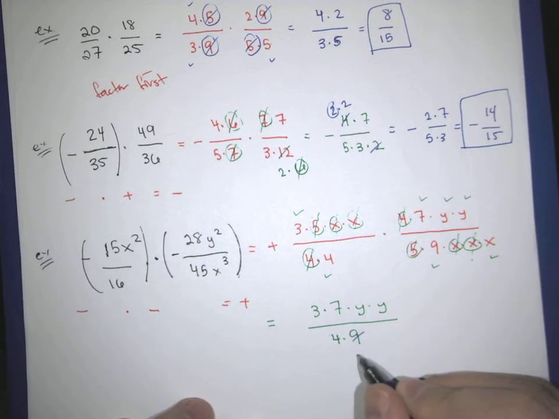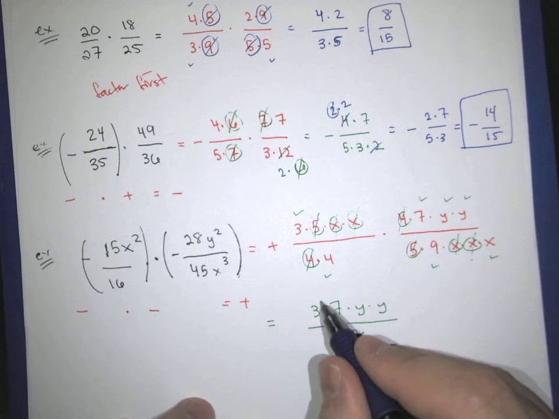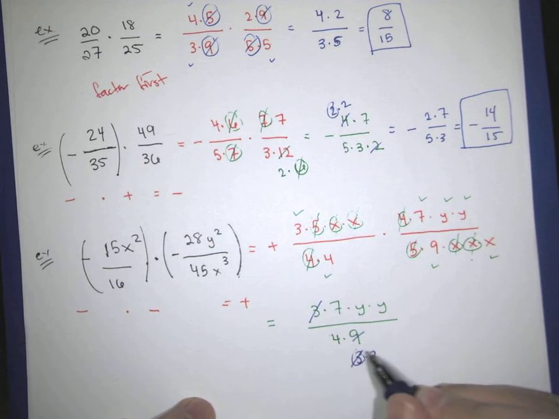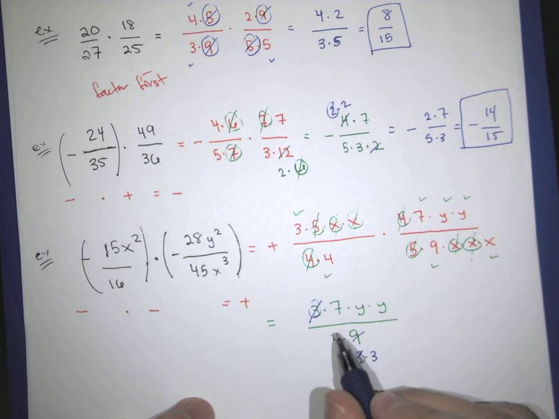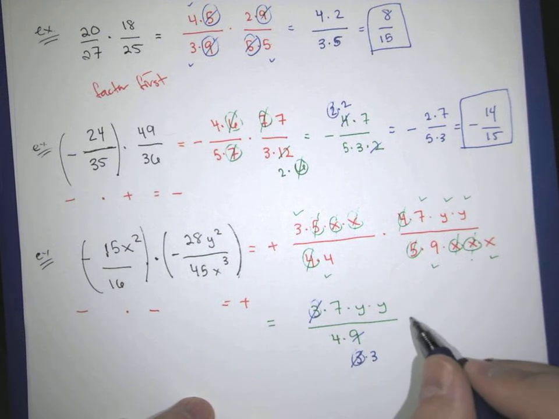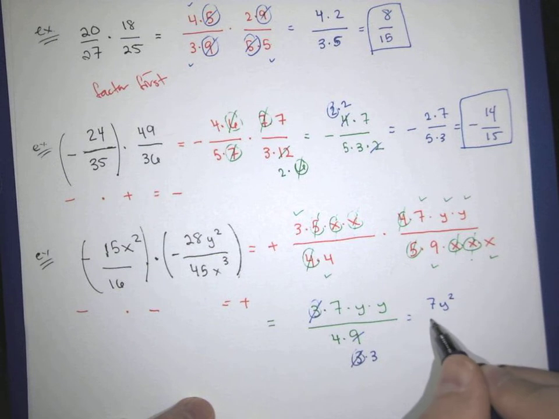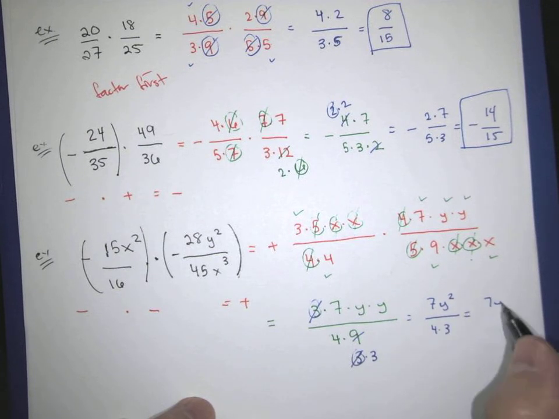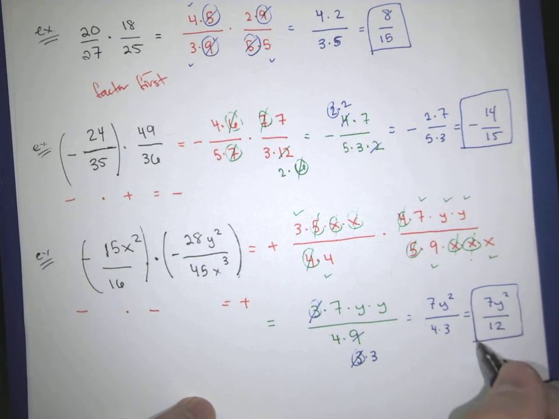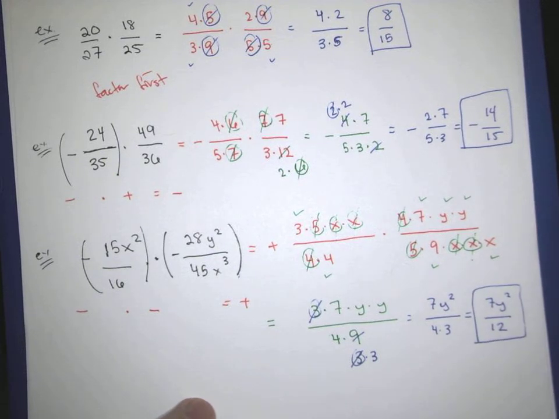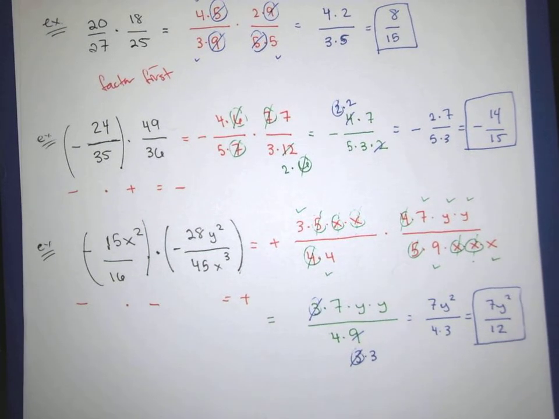In particular, 9 would be 3 times 3, so one of these 3's I can cancel out. 4 would be 2 times 2, but we're just working here with a 7. So I feel pretty good leaving this as 7y squared over 4 times 3. So that's going to be 7y squared over 12. Negative times negative is positive, so our final answer here is going to be positive 7y squared over 12.